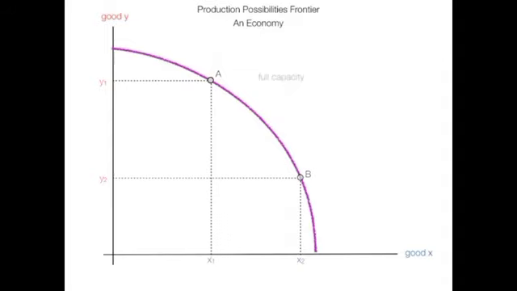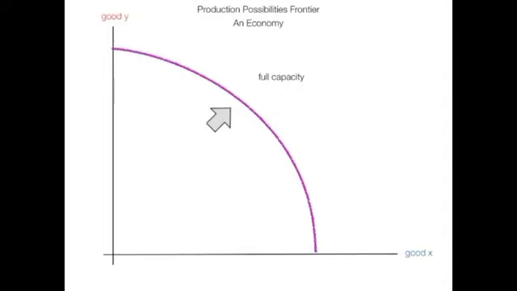Now, if the company decides to produce at point B, it will further decrease good Y while increasing good S. So the purple line, as you can see on the screen, is the sign that the company is producing at full capacity.